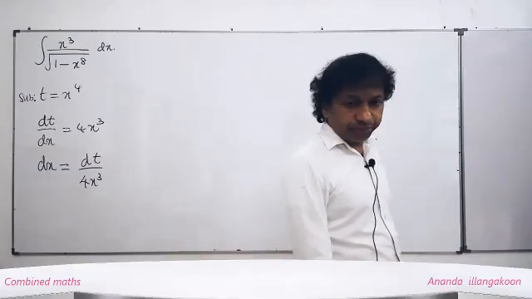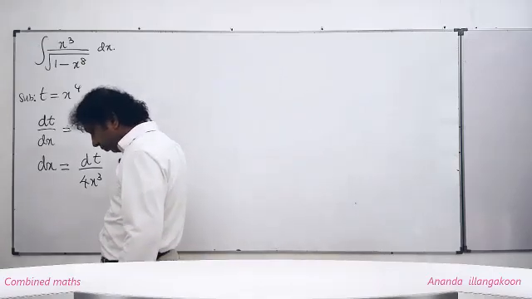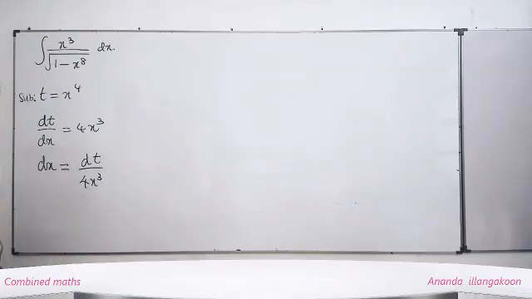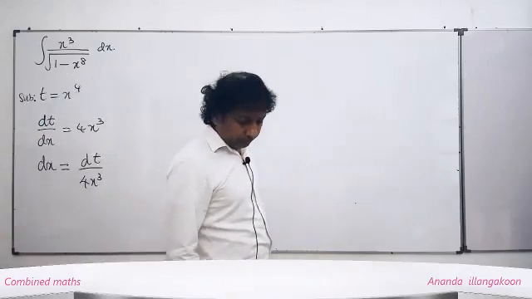Use a substitution t equals x to the power 4. Differentiate that. dt upon dx is 4x cube. dx is dt upon 4x cube.